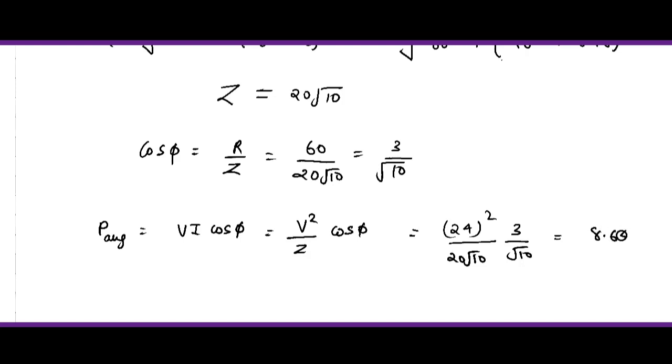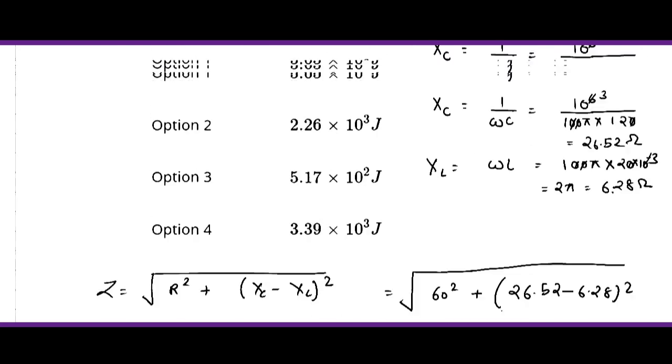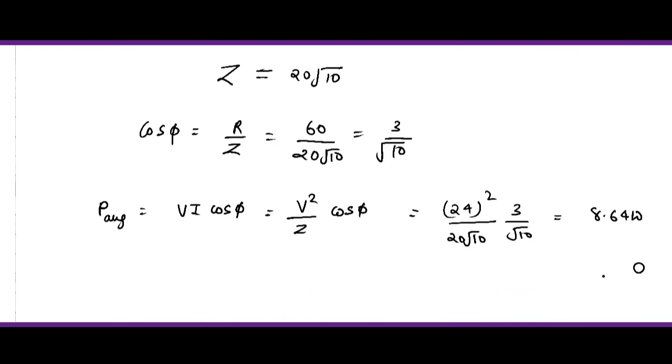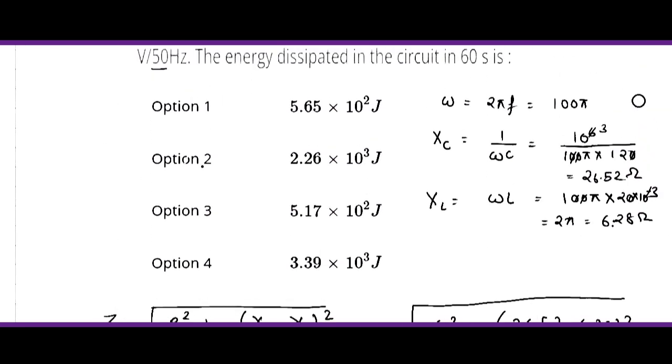Now we want the energy dissipated in 60 seconds, so it will simply be power multiplied by time. It is this much, and this will be the answer of this question. I can check for the option here. C is correct. Thank you.